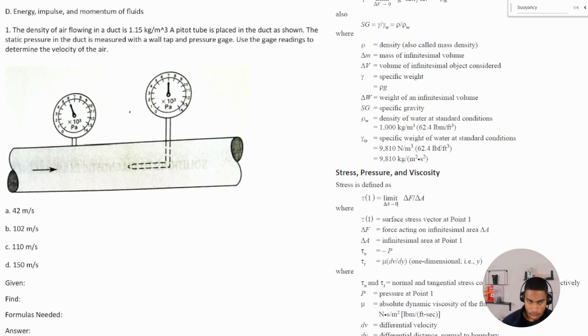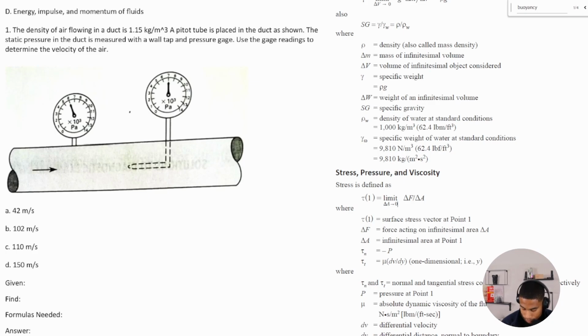Number one says, the density of air flowing in a duct is 1.15 kilogram per meter cubed. A Pitot tube is placed in the duct as shown. The static pressure in the duct is measured in a wall tap and pressure gauge. Use the gauge readings to determine the velocity of the air.